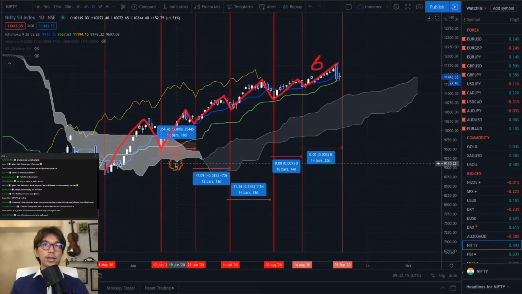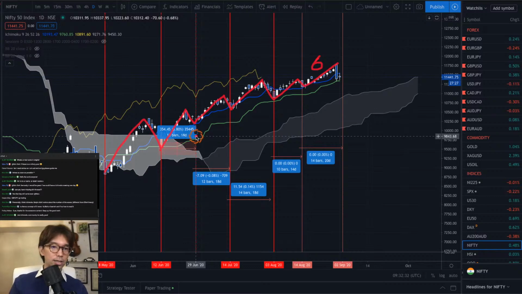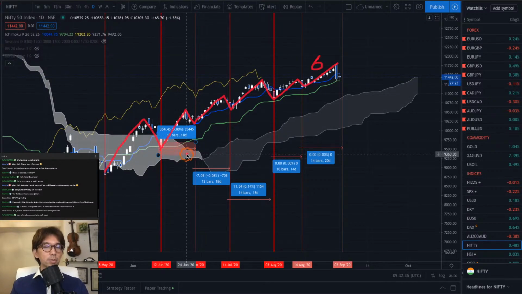I've captured this time cycle on these lows, which is 12 bars in between. From this low on the 12th of June to the next low on the 29th of June was 12 trading days in between.